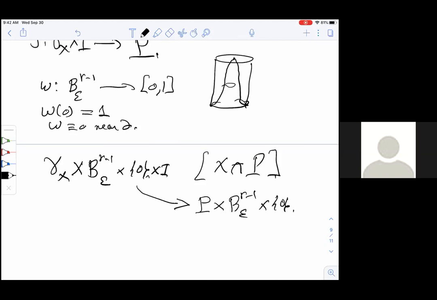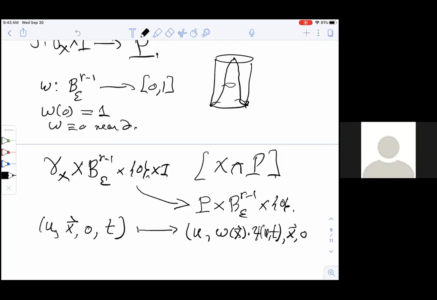So our coordinates here, we have a u, that's the coordinate along gamma x. We have a vector x in R^(k-1) space of norm at most epsilon. We have 0, that's just a placeholder. And we have the isotopy parameter t. And we're going to send this to u, omega of x times psi of u t, x, 0.